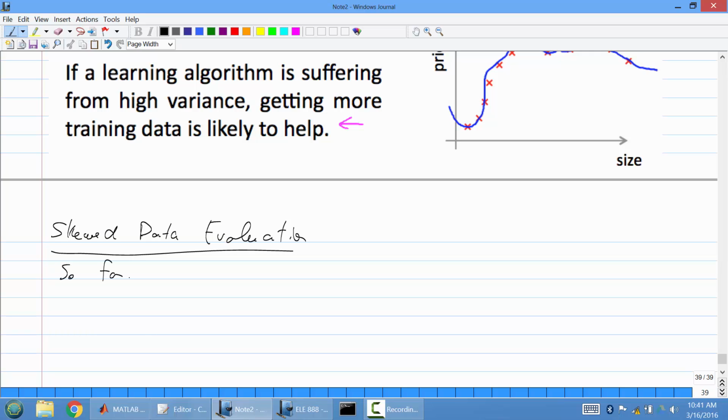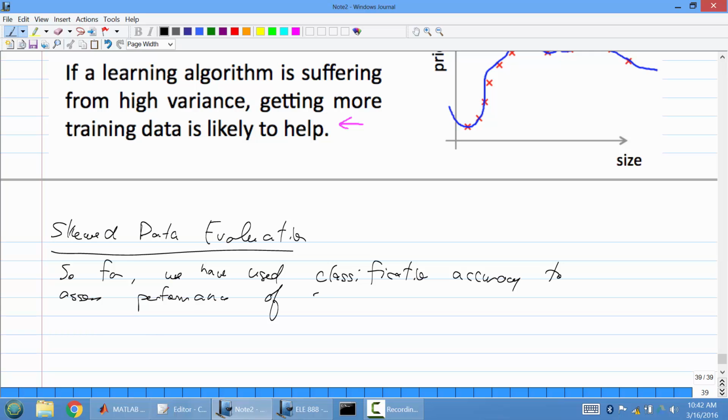So far, we have used classification accuracy to assess the performance of our algorithm, right?